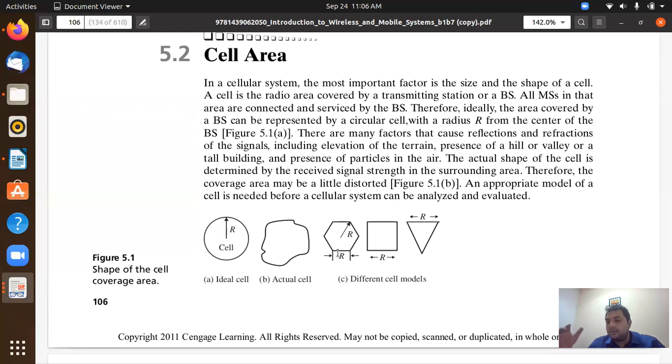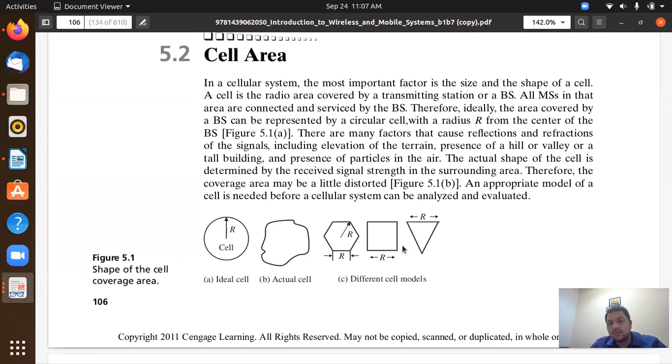When we divide our region on paper, we can use the hexagonal model to discuss several parameters and to plan our frequencies, which cell would use which frequencies. We can use any one of these three or any other apart from that; this is just for representation purposes. But these are the models we use when we do the groundwork on paper for resource allocation.